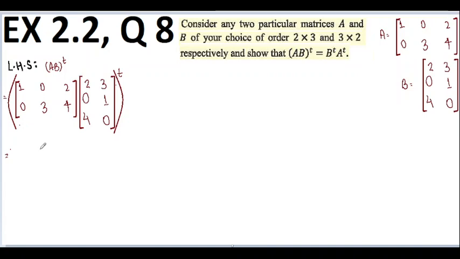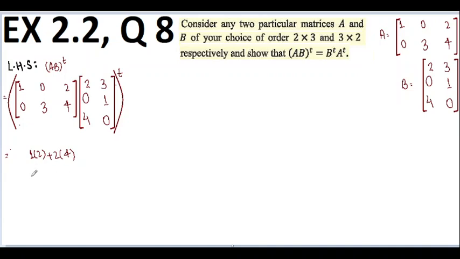For the first entry of the matrix, it is the first row and the first column. So the first row of the first matrix and the first column of the second matrix, you are going to multiply them both in a way like this. 1 into 2, then 0 into 0 gives us 0, and 2 into 4 gives us, we are going to write it over here.